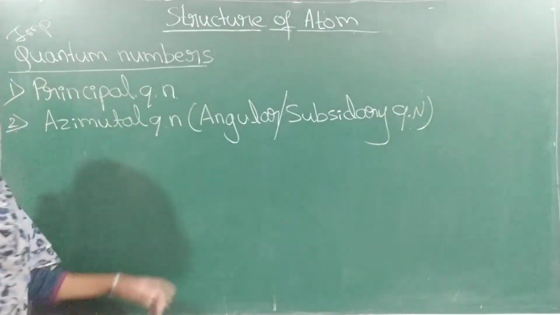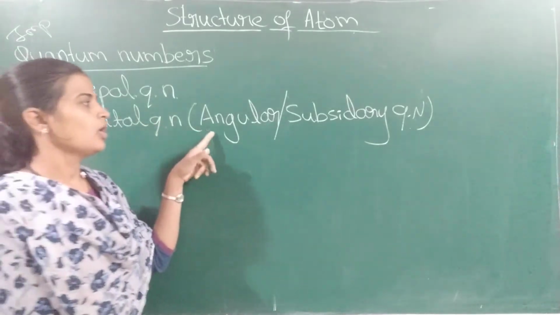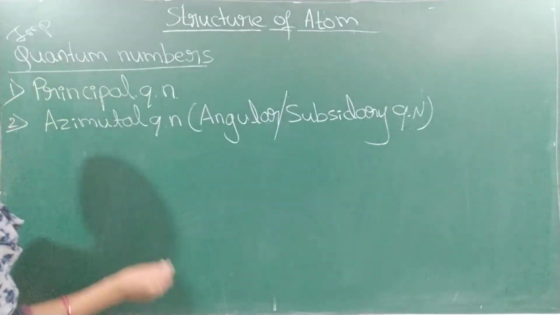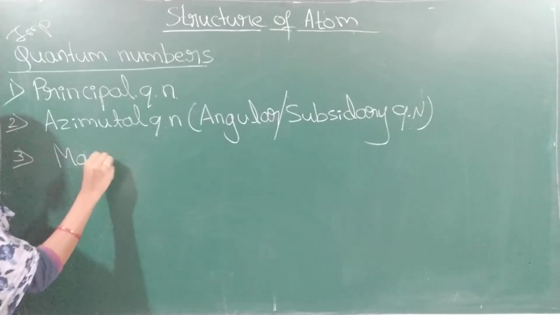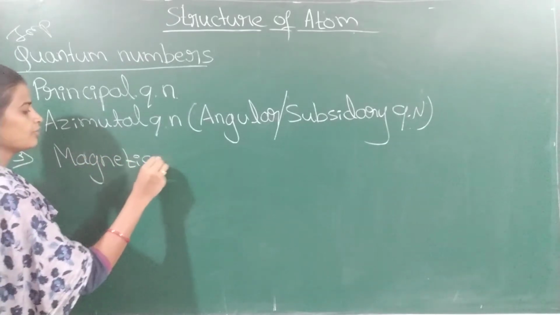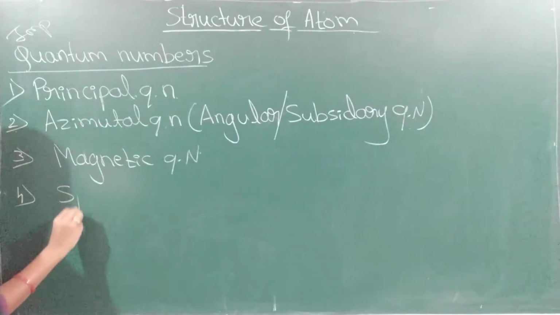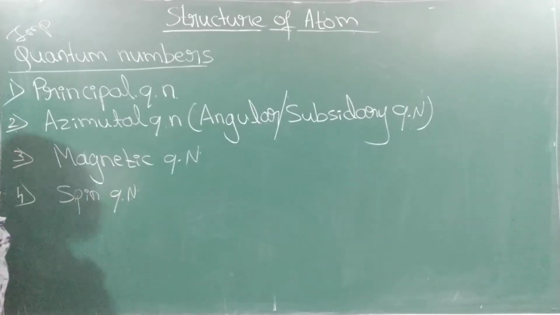It has three more names: azimuthal, angular, or subsidiary quantum number. The third one is magnetic quantum number. Fourth one is spin quantum number. Got it?